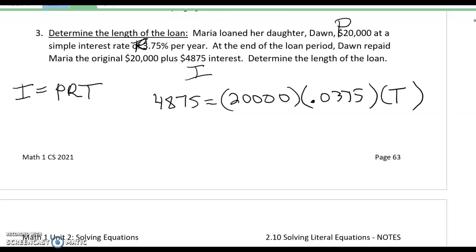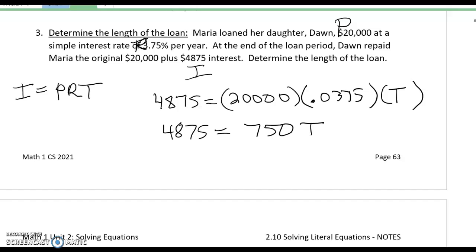So we plug those values into our formula: 4,875 in for I, 20,000 in for P, 0.0375 in for R. We're looking for T, determining the length of the loan. When we multiply 20,000 times 0.0375 in our calculator, we get 750.